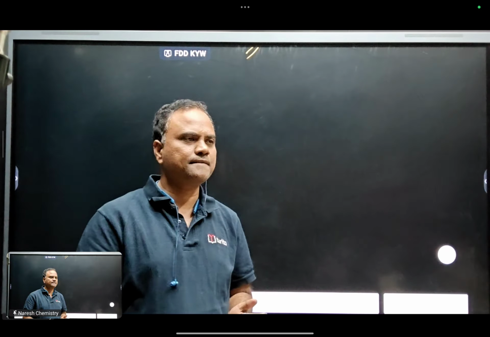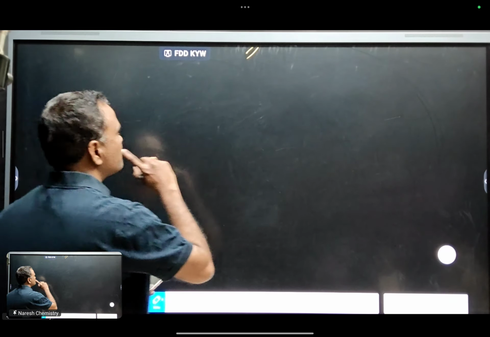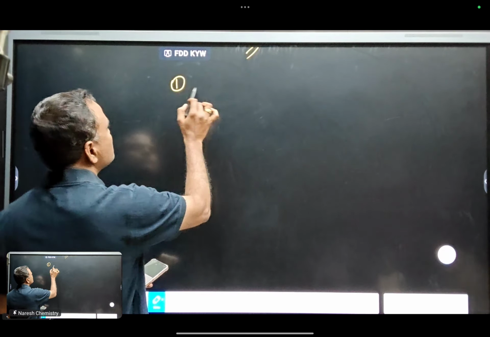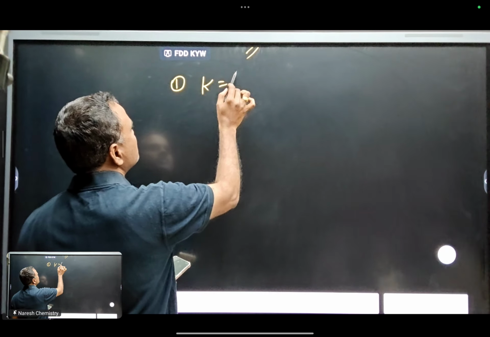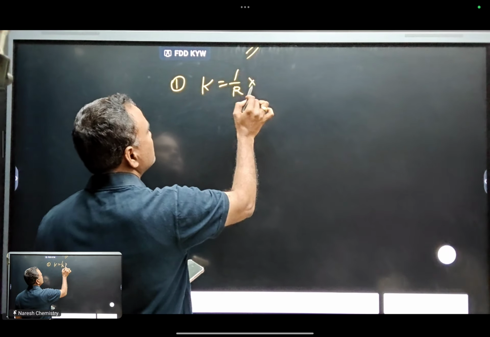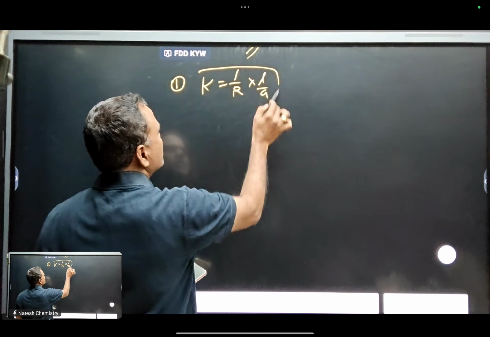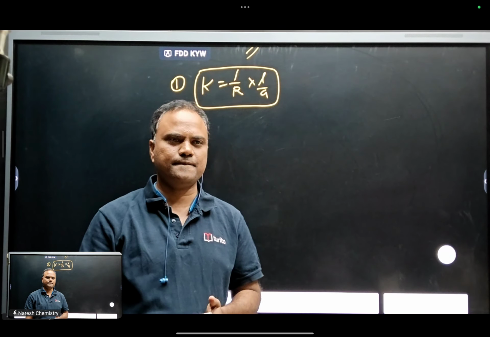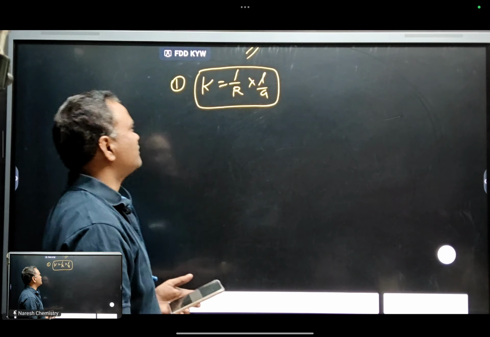Did you prepare all the formulas? Second years, especially. Second year students. Santosh, you tell me. First formula, the conductance. Specific conductance K is equal to 1 by R into L by A. Second year students, this is the final preparation for you for your NEET. Turn the pages, see.